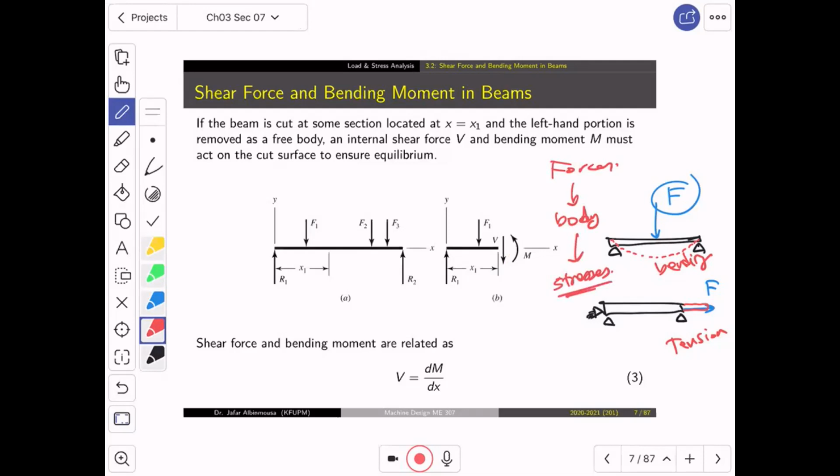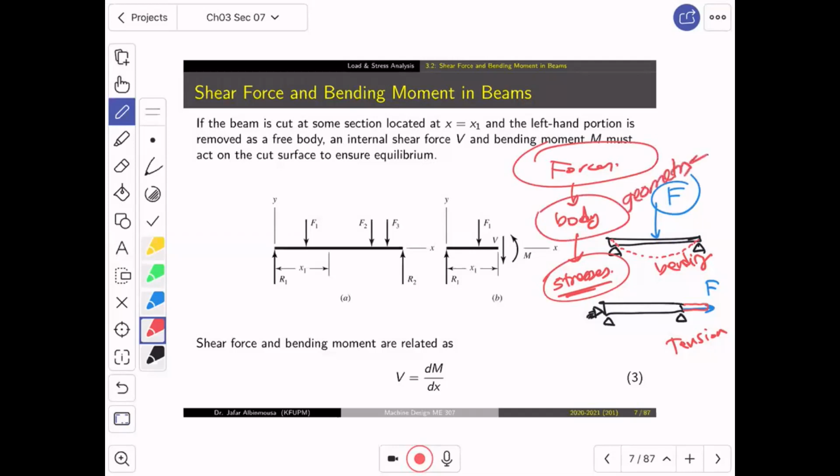Our purpose is to know what the stresses are. We use stresses to measure the strength, the durability, how many cycles this can take, and so on. So we need to know what the types of forces are, and we need to know how to deal with the body. The body is the geometry.